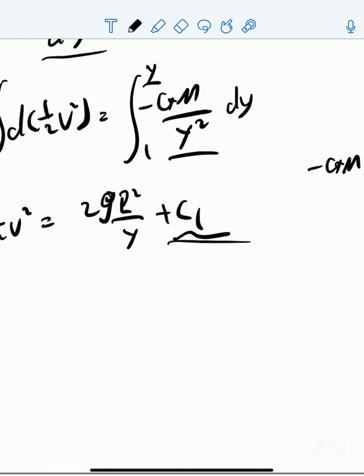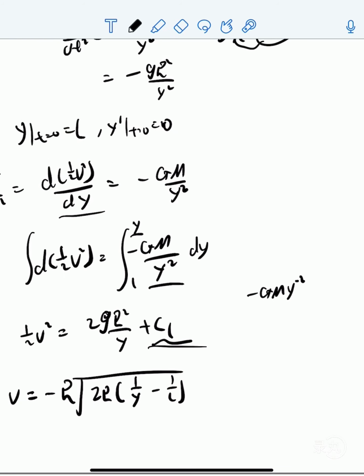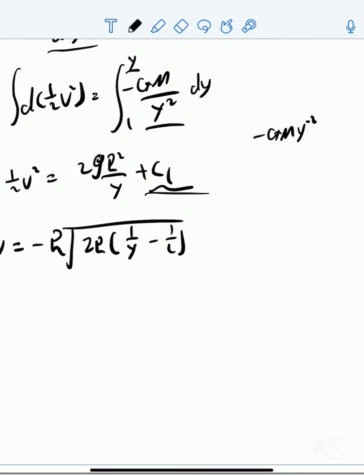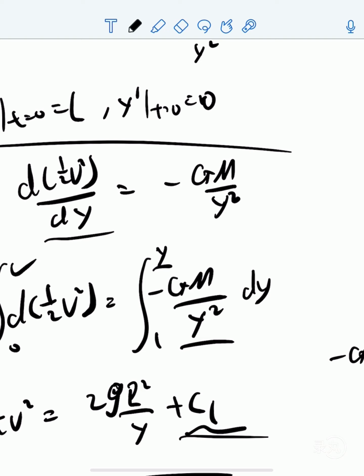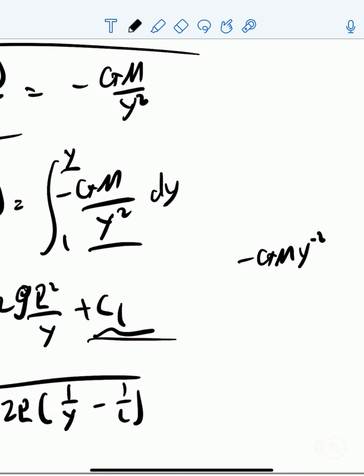So now we have v squared, or v is equal to the negative of the square root of something with g, y, and L. If we plug in the initial condition, we can see that. Or whatever, just integral from this and to this, and this from this, and we can see that it is equal to this.